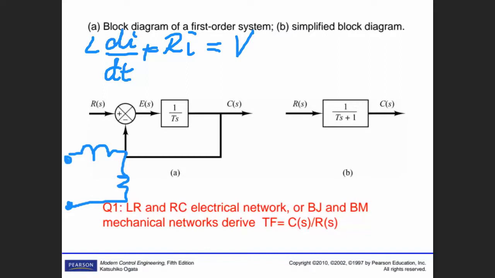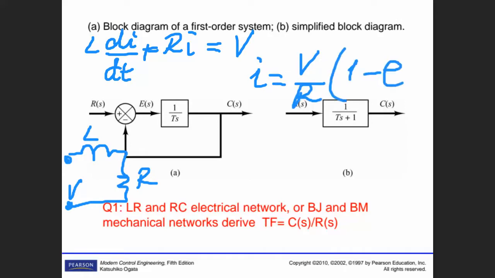This is voltage, this is inductance, this is resistance. If you solve this, you obtain, we already know, I is equal V over R, which is a steady state solution, times 1 minus e to the power minus t over tau. Tau here was equal L over R, the time constant.